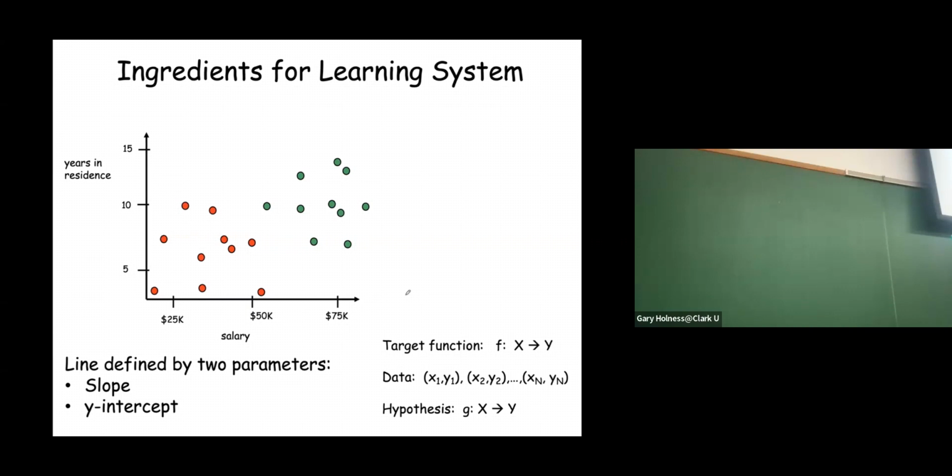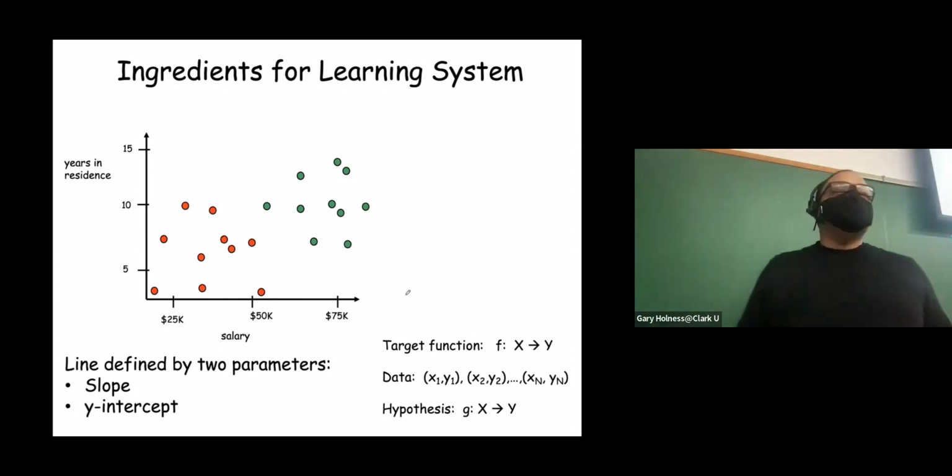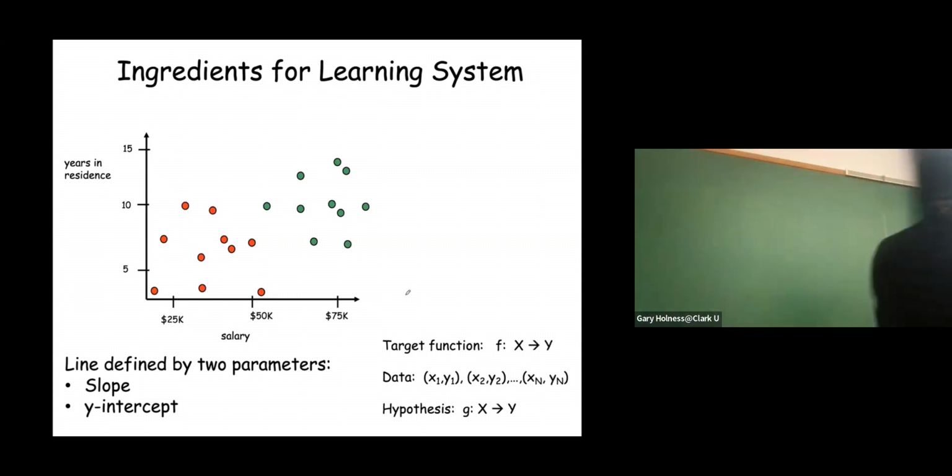For each choice of a particular line, we call that a working hypothesis. And just to be consistent with the notation, we have little h, our working hypothesis, which is one particular line out of the family of lines on the plane. And so our learning algorithm's job is to search somehow, which we haven't filled in yet, through those lines on the plane for a particular line that agrees as much as possible with the ground truth labeling, approval or denial, with the unknown target function. Does that make sense? Any questions?